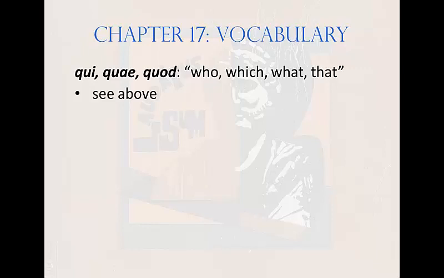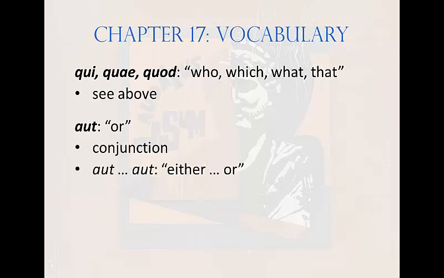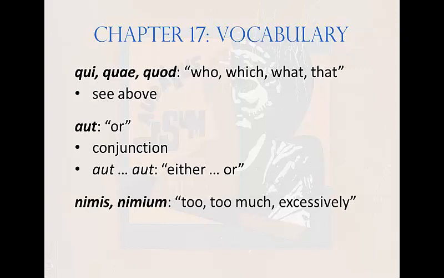So the next word is aut, meaning or. It's a conjunction, and it's often seen in pairs, where the first aut means either, and the second means or. The next word is nimis or nimium. Nimis and nimium are just alternate forms of the same word, meaning too much, or excessively.